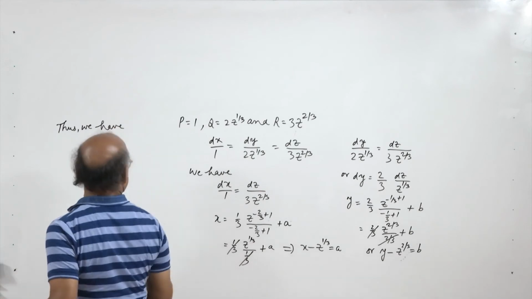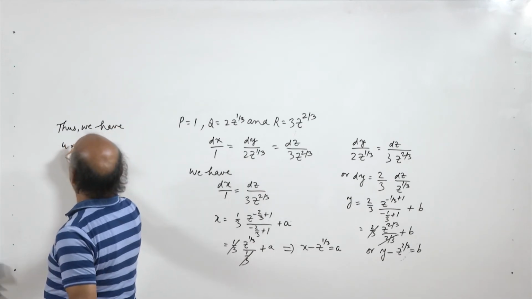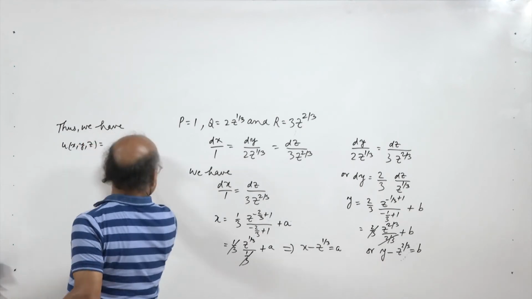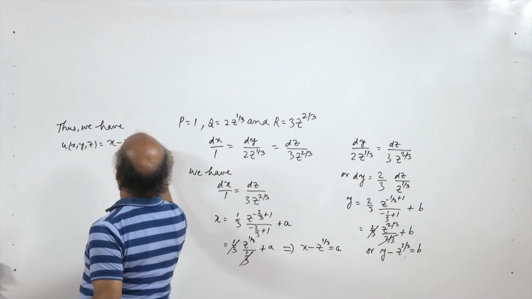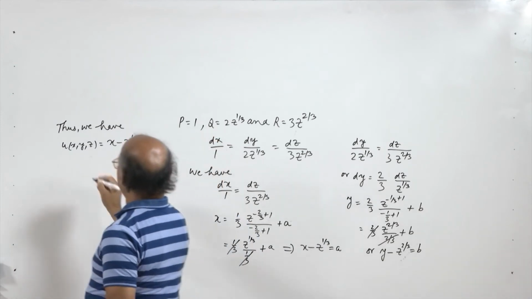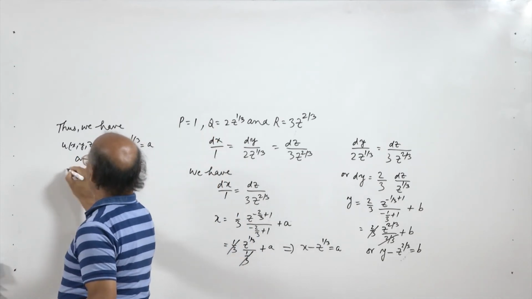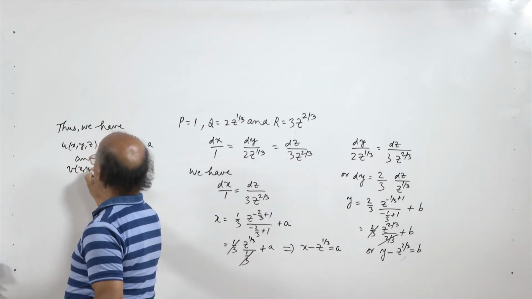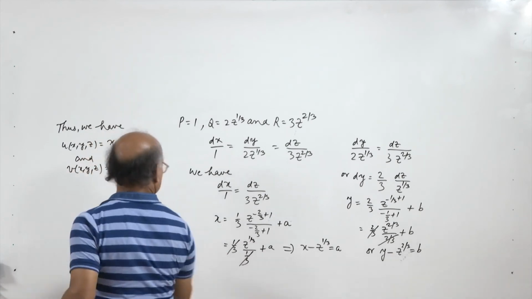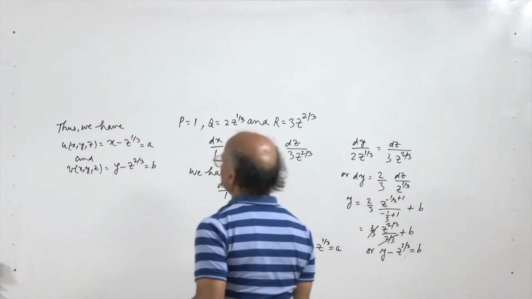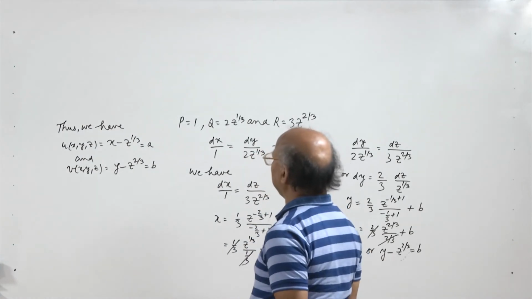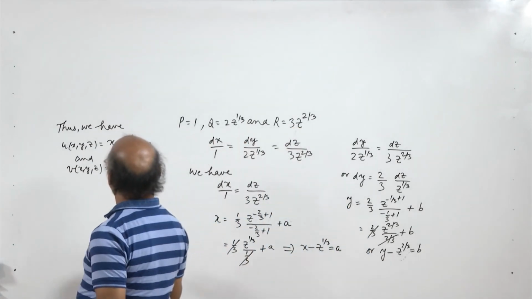So thus we have two independent integrals: u(x, y, z) equal to x minus z to the power 1 by 3 equal to a constant a, and v(x, y, z) equal to y minus z to the power 2 by 3 equal to b. Now we can see that these two functions of x, y, z are independent of each other.